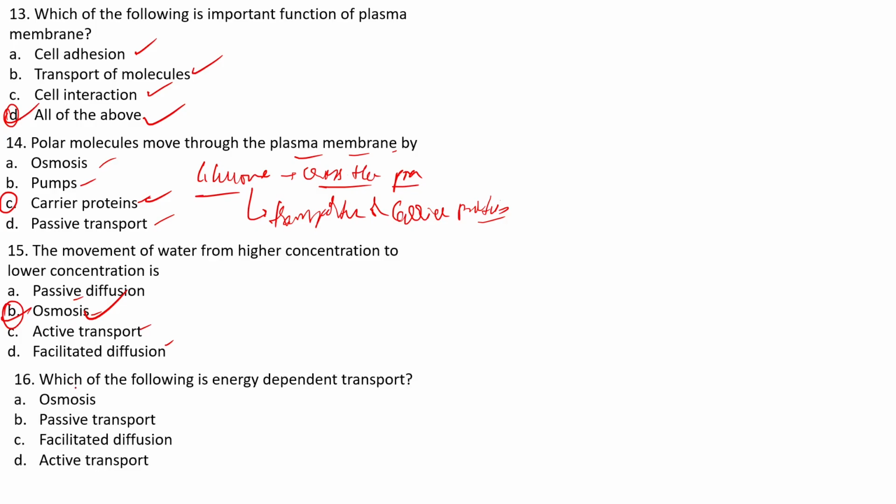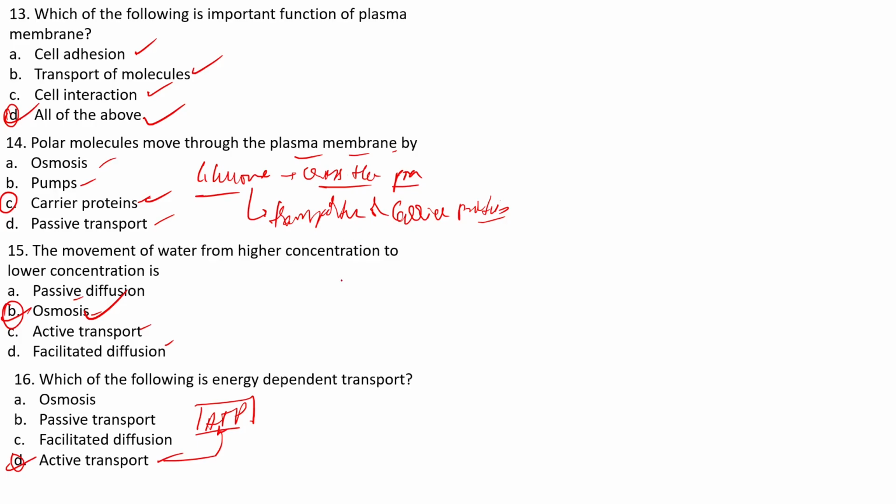The next one. Which of the following is energy dependent transport? Osmosis, passive transport, facilitated diffusion, active transport. The answer is D, active transport. It mainly requires ATP, and ATP is the energy that is required for transportation of molecules. So remember one important point over here. The transportation of substances or molecules in active transport is against the concentration, right?